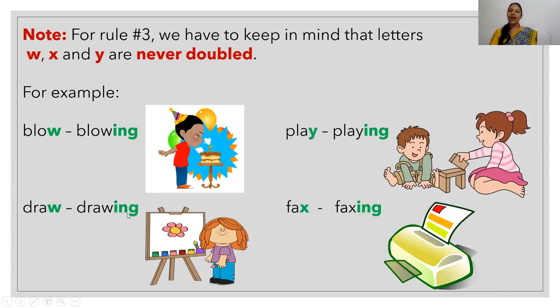By simply adding ing at the end, we get the ing form of verb draw. Now next, fax. F-A-X. Here again, we have a single vowel before letter X, but X is never doubled. So we will simply add ing and the ing verb of fax becomes faxing. F-A-X-I-N-G.